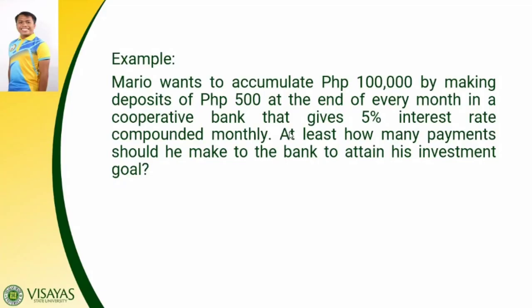So how many monthly payments should Mario make to attain 100,000, if all he can afford is 500 pesos? Meaning, how many times should he deposit 500 to reach 100,000 in a bank that offers a 5% interest rate compounded monthly?